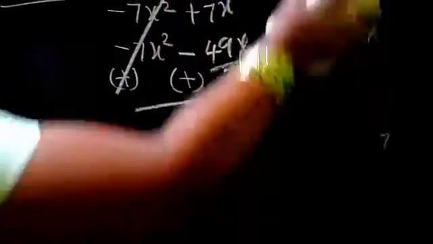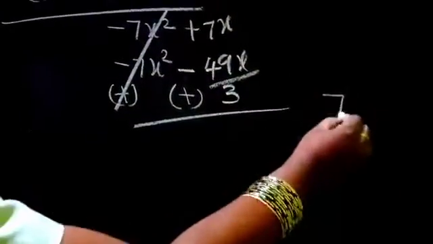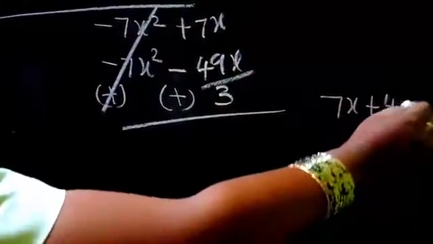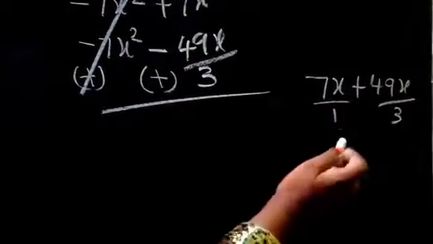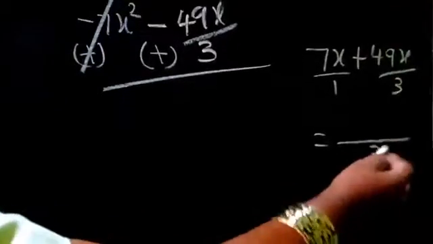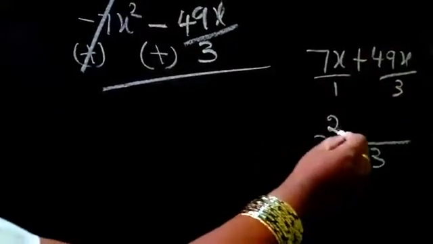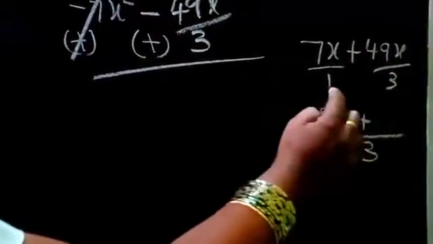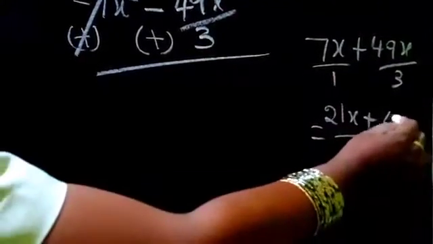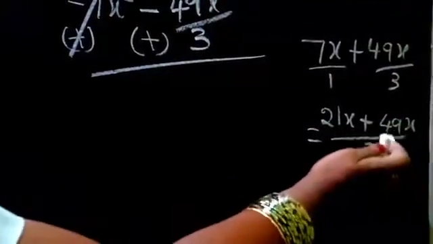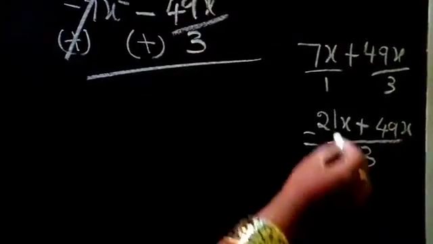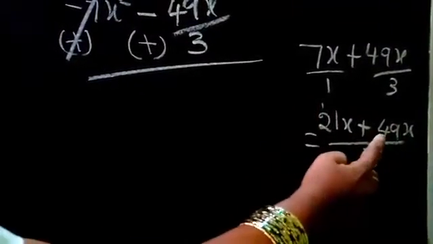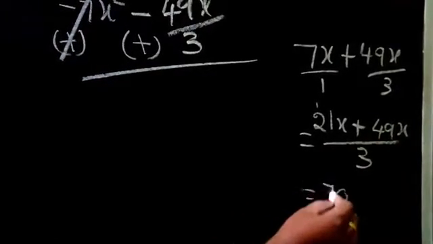We have to take the LCM for this. 7x plus 49x divided by 3. What is the LCM we have in this? Both have 3, so the LCM is 3. 3 sevens are 21x plus 49x. So here we have 9 plus 1 is 10, 3 plus 4 is 7.